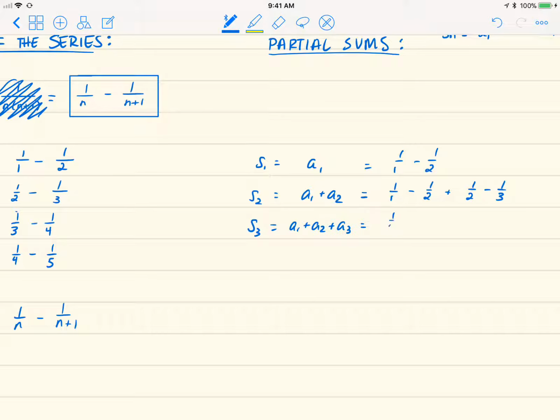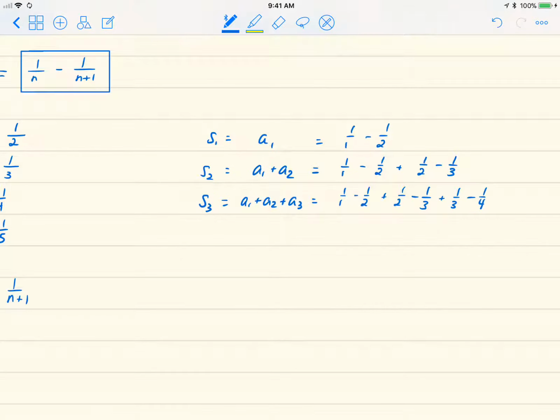So we'll have 1 over 1 minus 1 over 2 plus 1 over 2 minus 1 over 3 plus 1 over 3 minus 1 over 4. Okay, and then for S4, as we said before, that's just going to be S3 plus A4. So we'll have 1 over 1 minus 1 over 2 plus 1 over 2 minus 1 over 3 plus 1 over 3 minus 1 over 4 plus 1 over 4 minus 1 over 5.